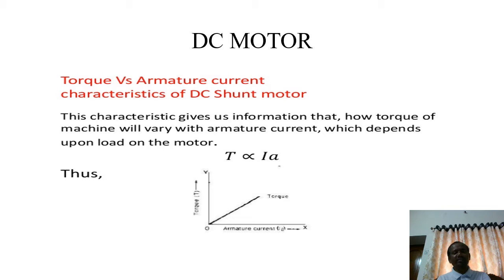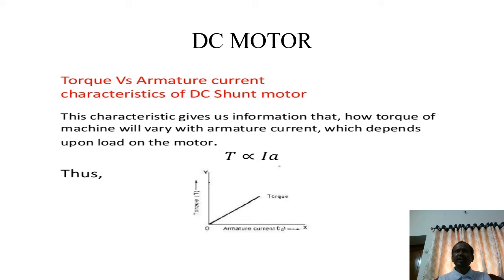Now you can see and draw the torque versus armature current characteristic of DC shunt motor. Here torque is directly proportional to φ Ia.